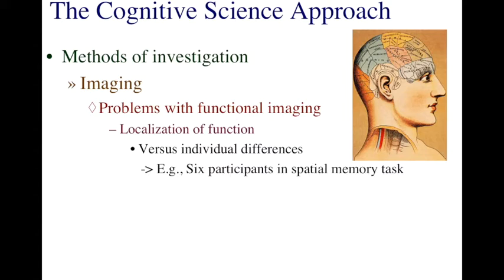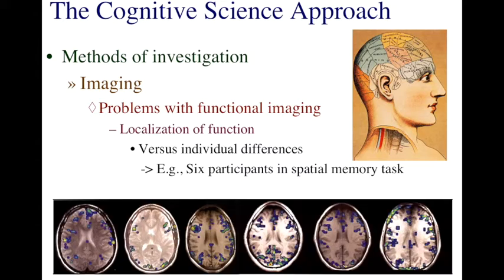Here's an example of brain scans taken from 6 different participants who were taking part in a spatial memory task. These are horizontal slices, and the colored areas represent areas of activation. If we just do a comparison between these 6 participants, we can see that there are some commonalities, but no 2 of these scans look the same.